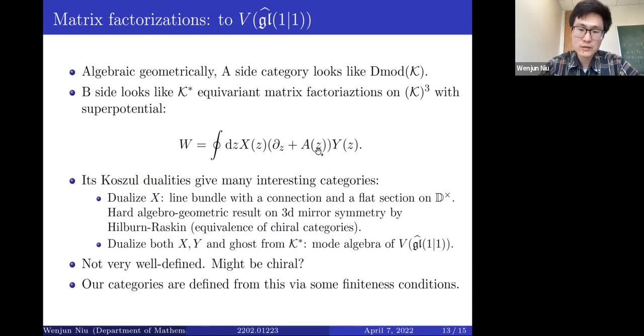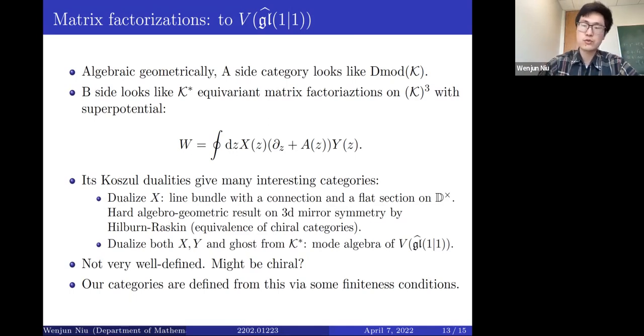So instead of looking at all possible A of Z, I look at A of Z such that it looks like A divided by Z. So it only has the regular singular part. And if I only look at that part, then you could dualize this category, and that will give you the Cauchy-Lucci category.